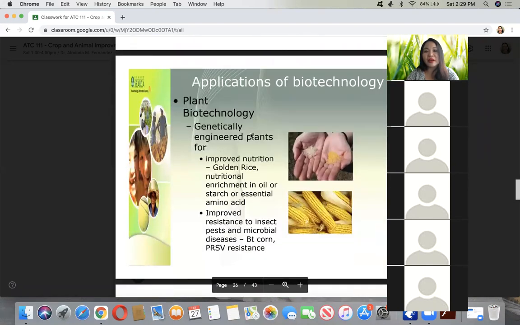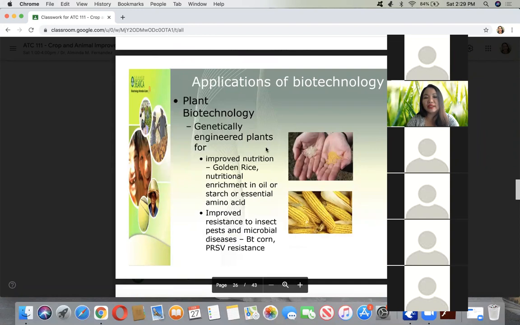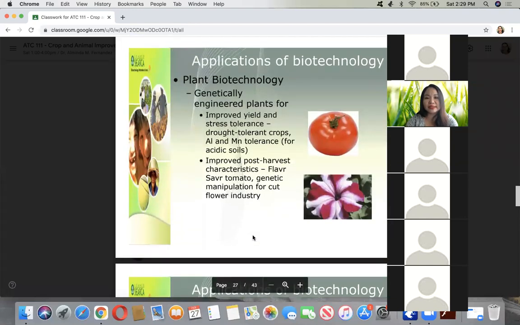In plant biotechnology, we have a lot of genetically engineered plants for improved nutrition. We have, of course, again, the golden rice, which is nutritionally enriched in starch or amino acid, and the BT corn and the PRSV resistant papaya for insect pests and microbial diseases.